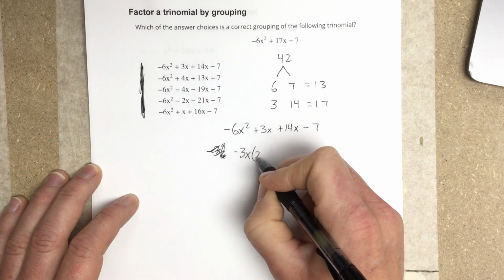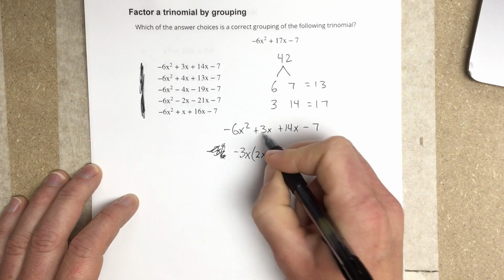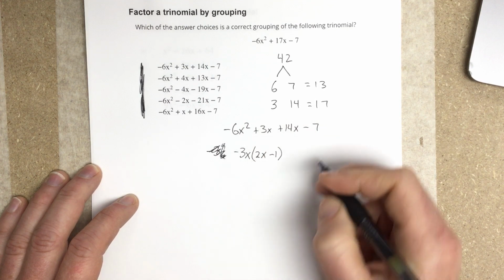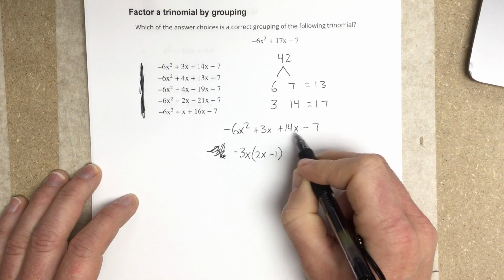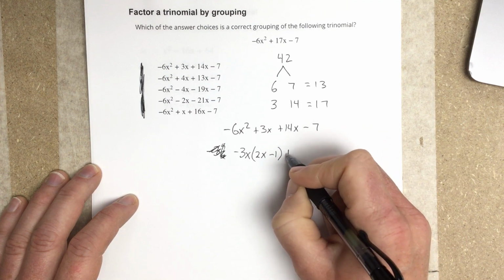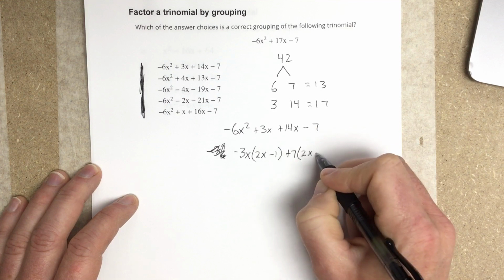That leaves you with 2x and minus 1, if I divide this by negative 3x. And then on this side, I'm going to factor out a 7, so I end up with plus 7 times 2x minus 1.